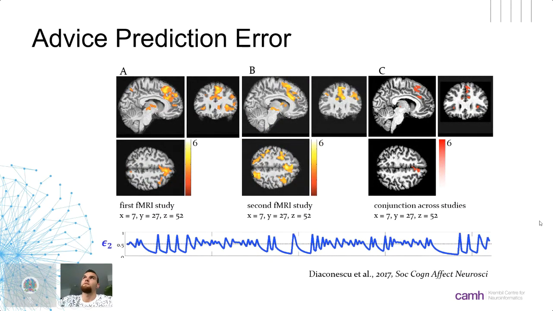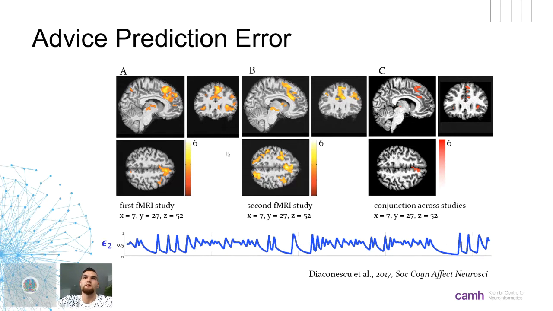So the prediction error that we're interested in has been associated in previous research with certain regions in the brain. Here's a screenshot from a paper that Andrew published a few years ago, looking at the regions that encode this prediction error.